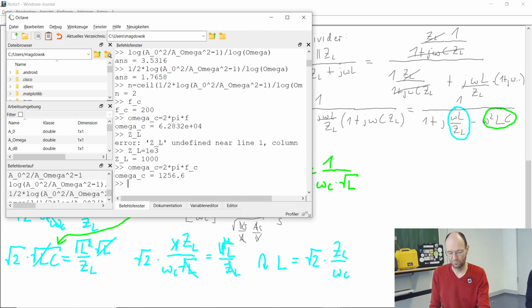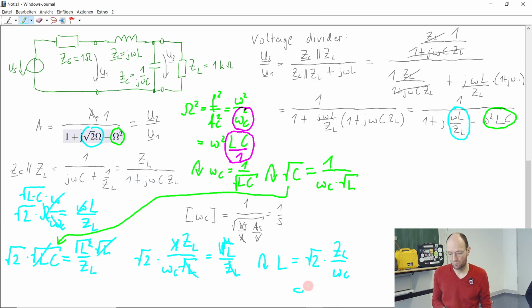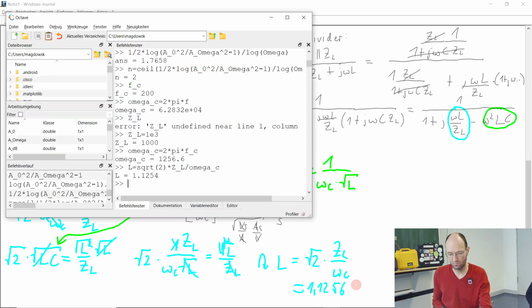Very good point. So then L is the square root of 2 times ZL divided by omega C. And we get some value of 1.1256, right? No, 54.